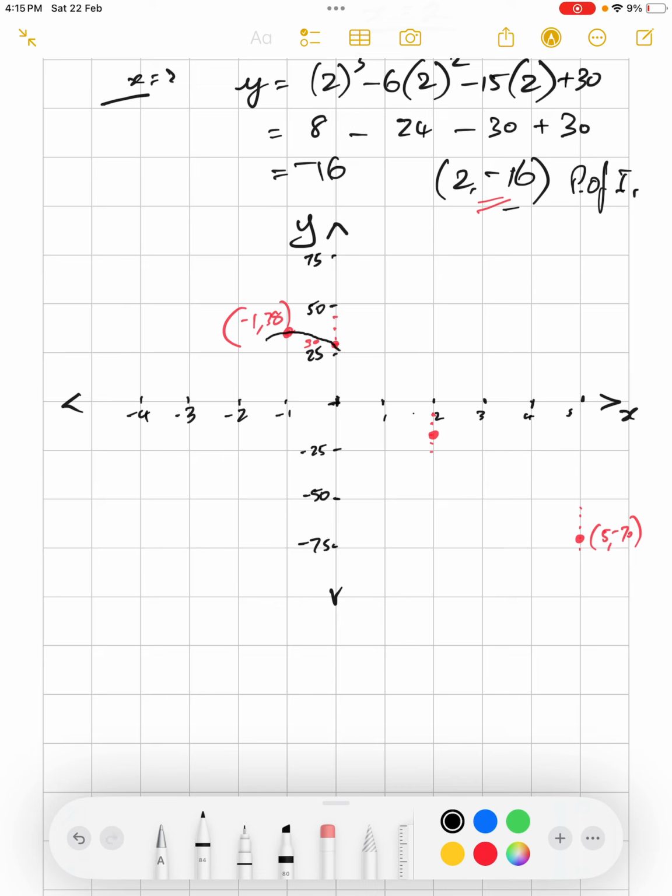Okay, and it's going to be concave down all the way to there. Now it's going to be concave up all the way to that point there. And so it's going to head in that direction. That's all we know. We don't know where it crosses the x-axis.